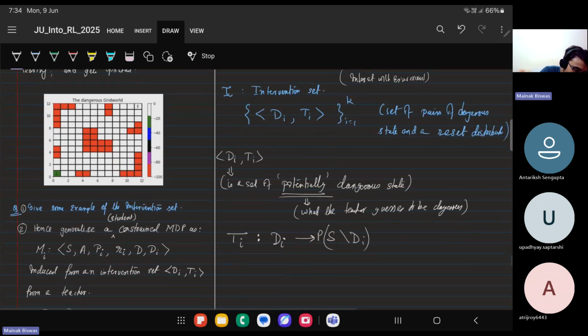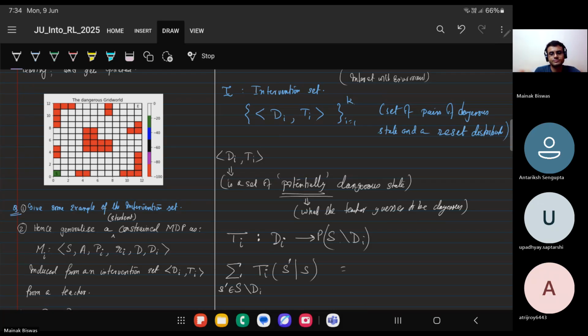So what it basically does is, the summation over S dash from S minus D_I, such that S belongs to D_I.